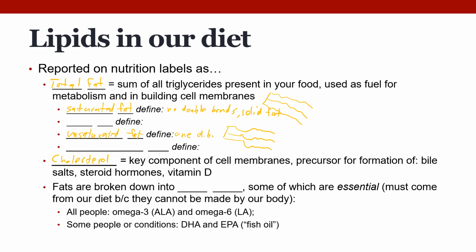If you have multiple double bond kinks in those chains, you get a polyunsaturated fat. So this has multiple double bonds.